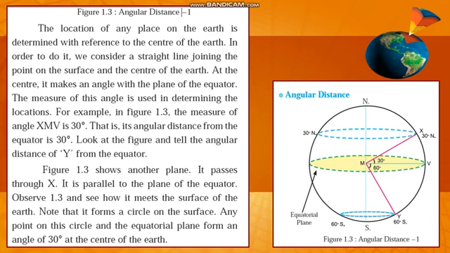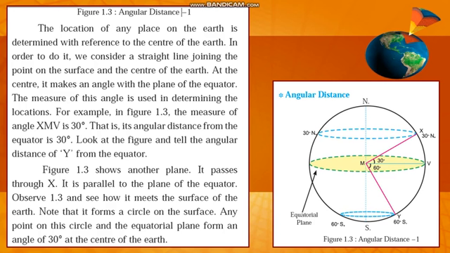Now students, let's see the next para. The location of any place on the earth is determined with reference to the center of the earth. In order to do it, we consider a straight line joining the point on the surface and the center of the earth. At the center, it makes an angle with the plane of the equator.